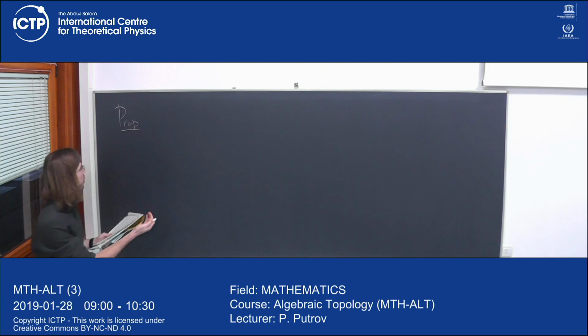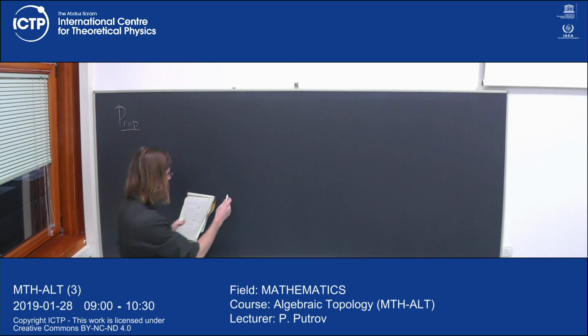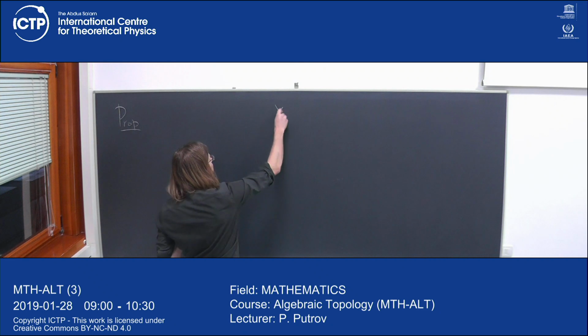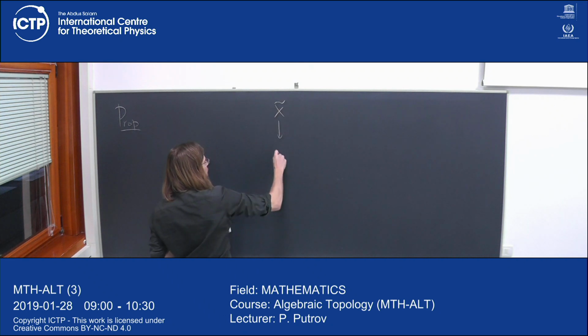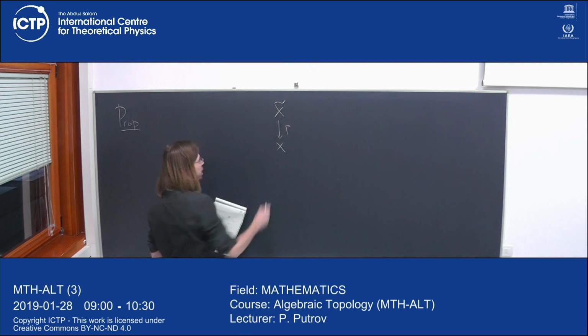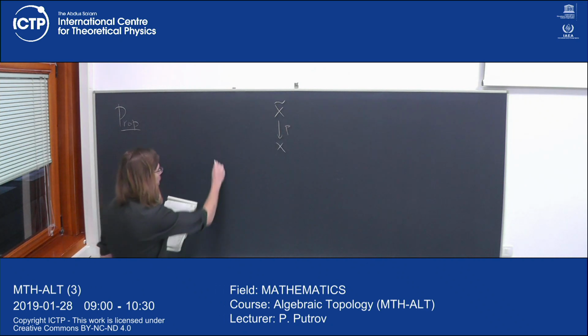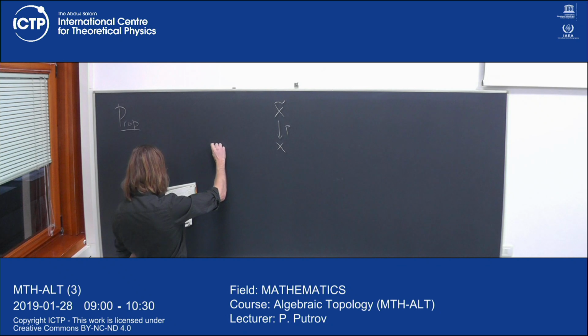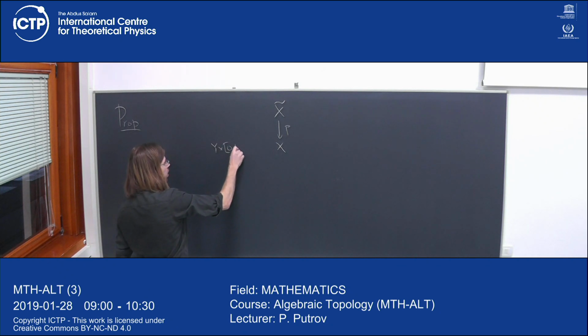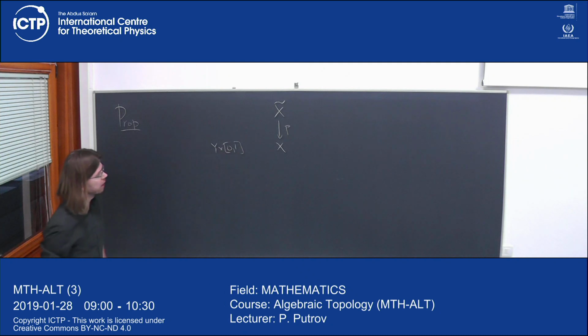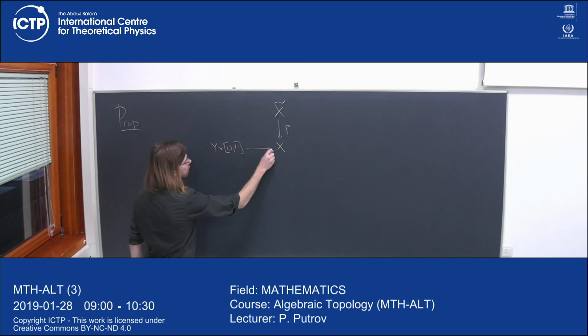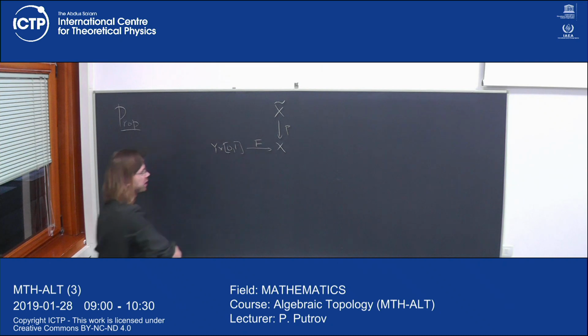So this was a proposition about the existence of a lift with respect to some given covering p. We want to find the lift of a function from Y times the interval to X. So this is some given function f.